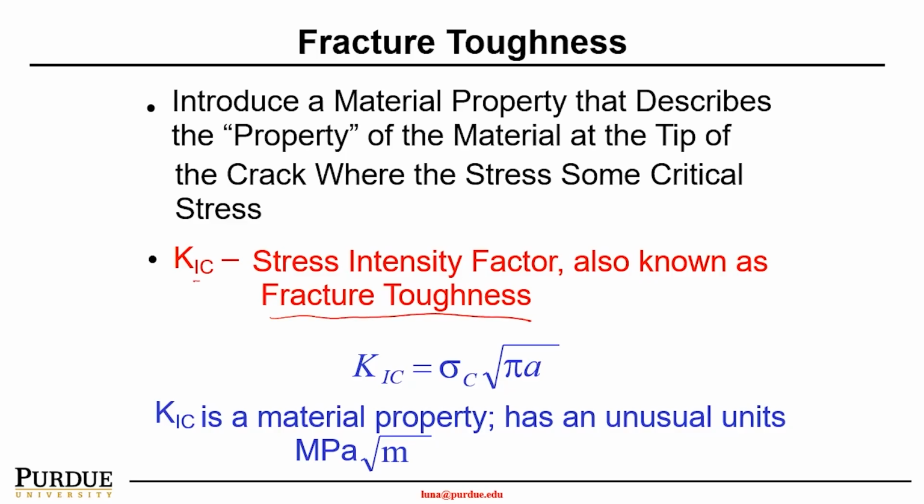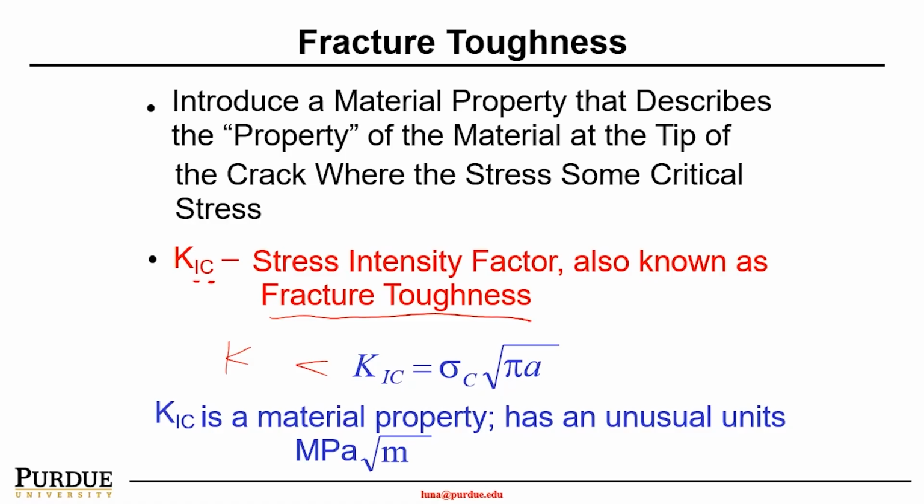The 1 is the opening mode, and the C is critical. So when K is smaller than K1C, it's safe. But if K is bigger than K1C, it is an unsafe design.